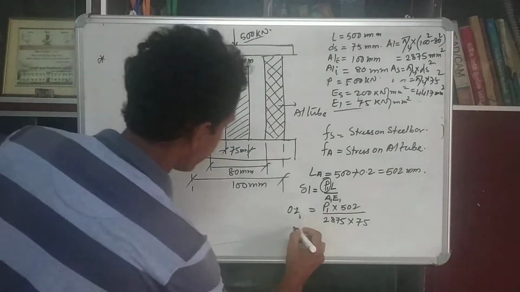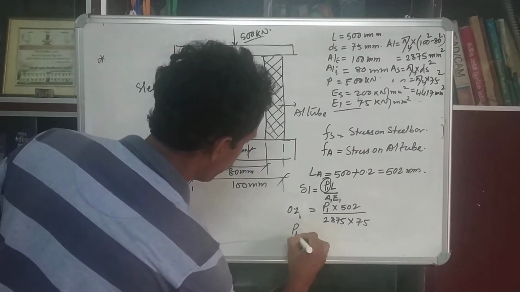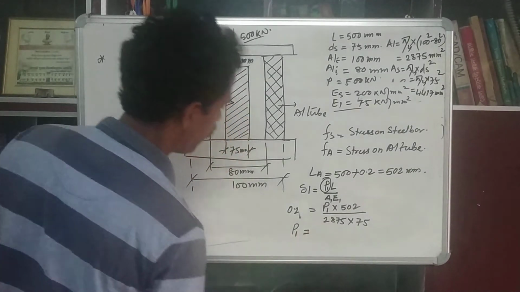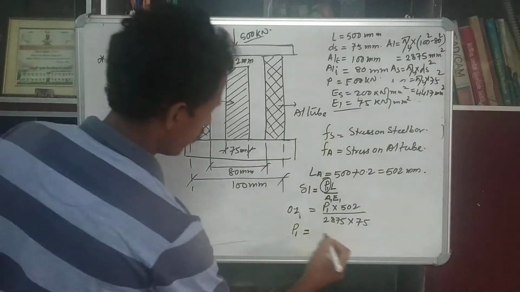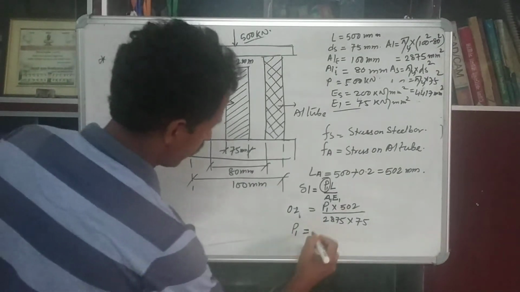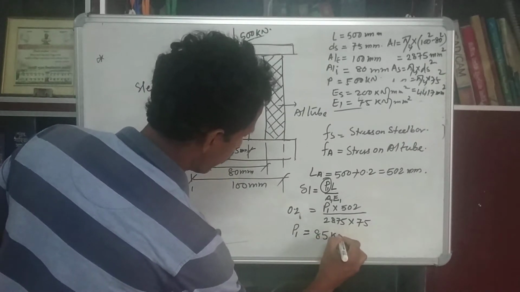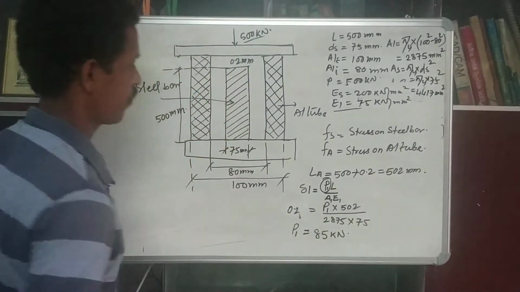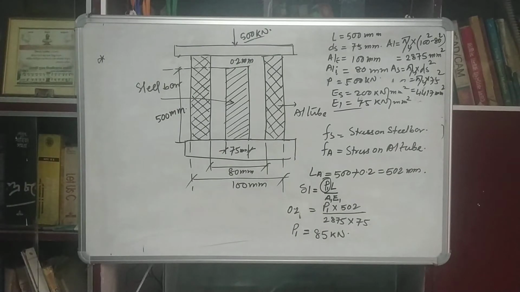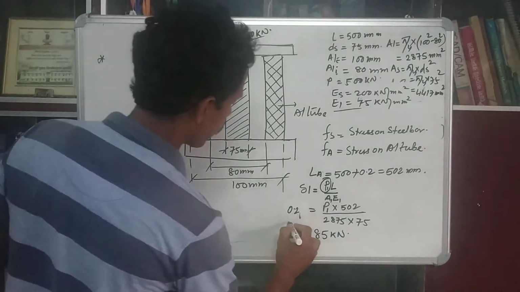From that we can find the value of P1, which is near about 85 kilonewton.